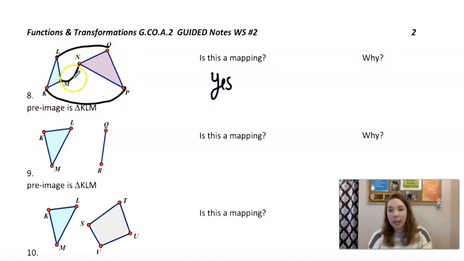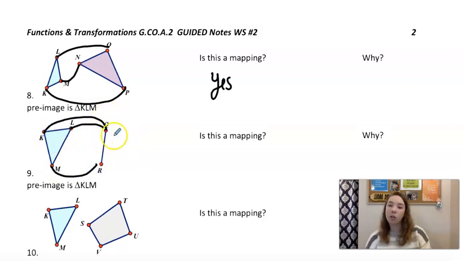I'm not using any of the blue points twice. All right. Same here. I can go L to Q. I could go K to Q and M to R. So even though Q is used twice, that's okay because it's in the image. It's just like how we're allowed to have two Y's.